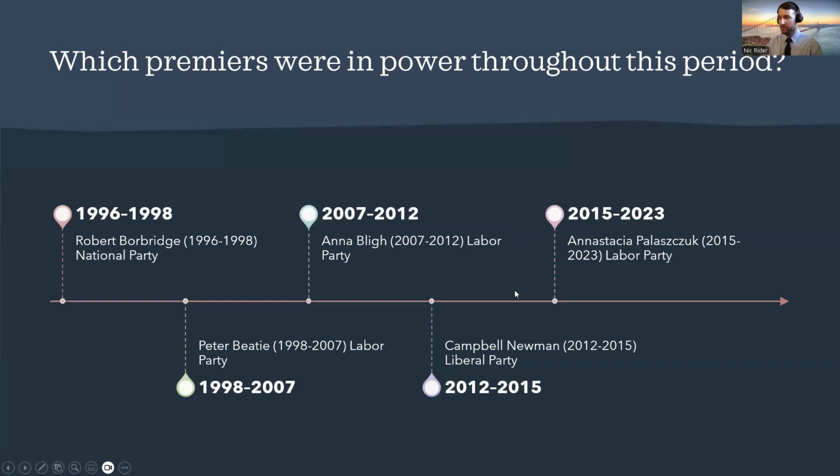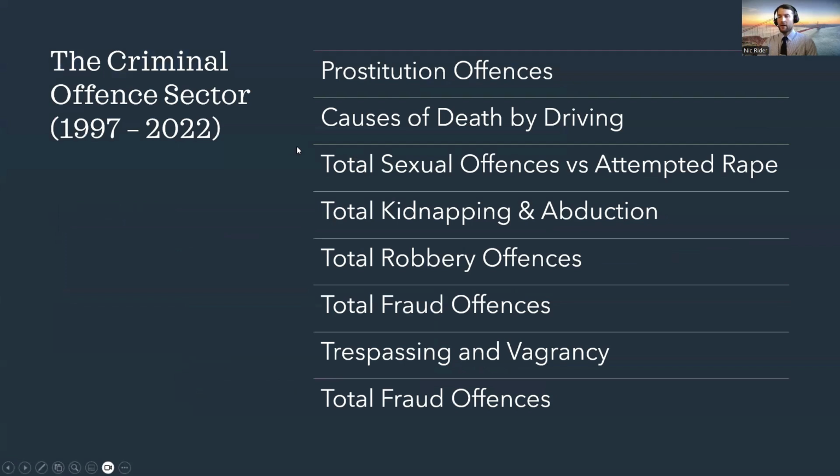People in the public service viewed this as a threat, if you like, to their job security. And then we had Anastasia Palaszczuk from 2015 to 2023, and more recently we've come back to the Liberals again with David Crisafulli.